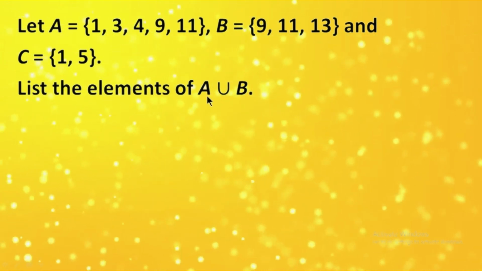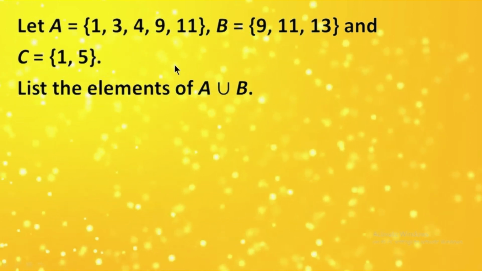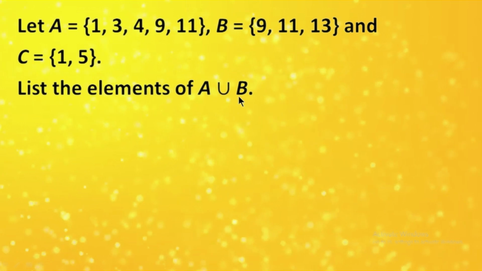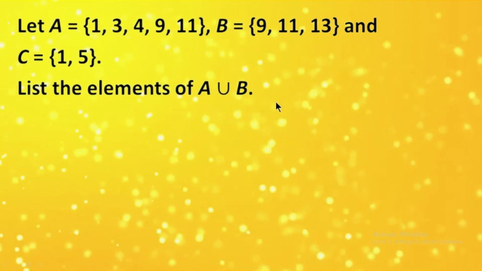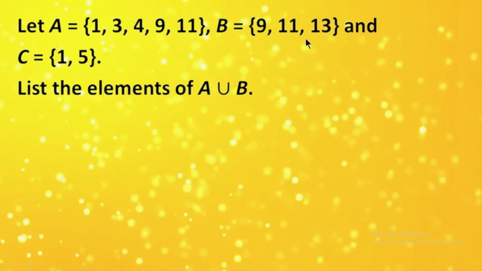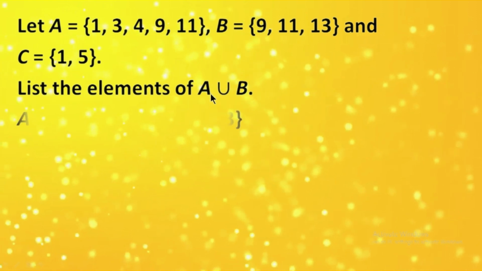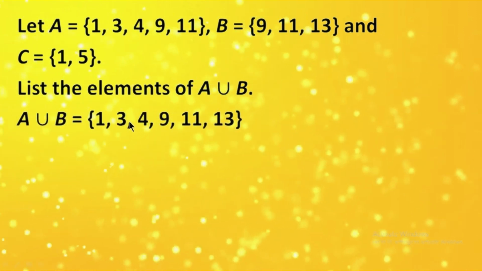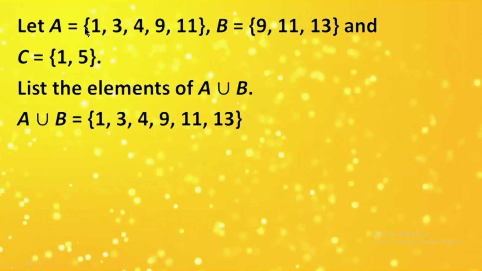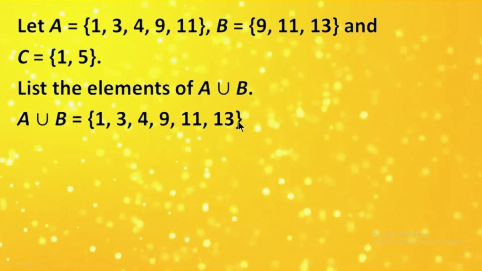List the elements of A union B. Elements of A union B are elements that belong to A or belong to B. Or the other way to say it, you list all elements of A plus elements of B. So elements of A union B are 1, 3, 4, 9, 11, and 13.